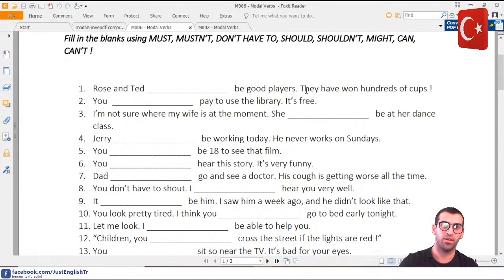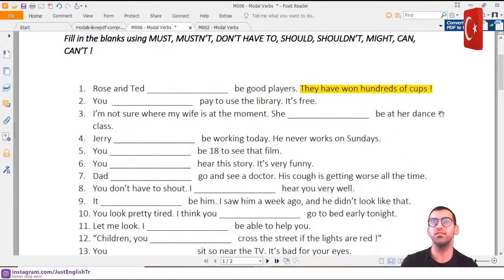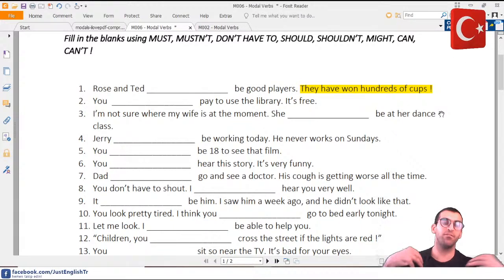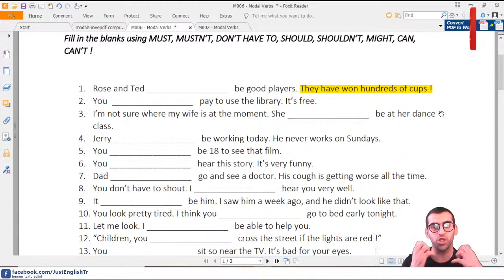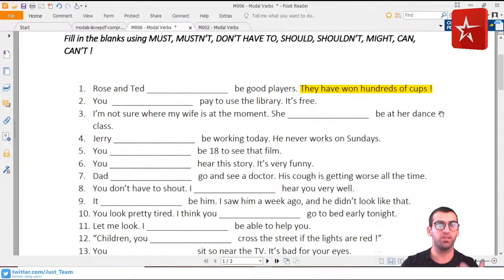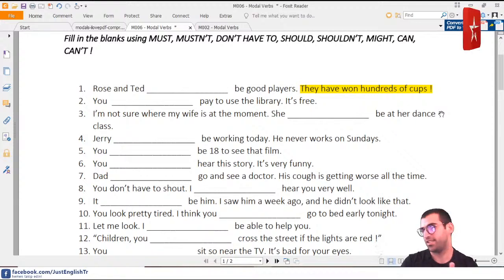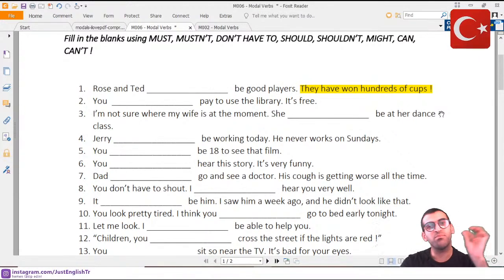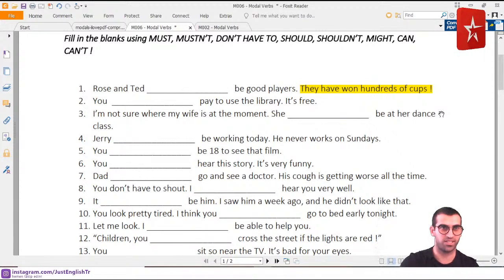Look at this sentence. They have 100 cups. It means we have information. We are sure about it. We are sure Rose and Ted, not might, not should, not may, must be good players.